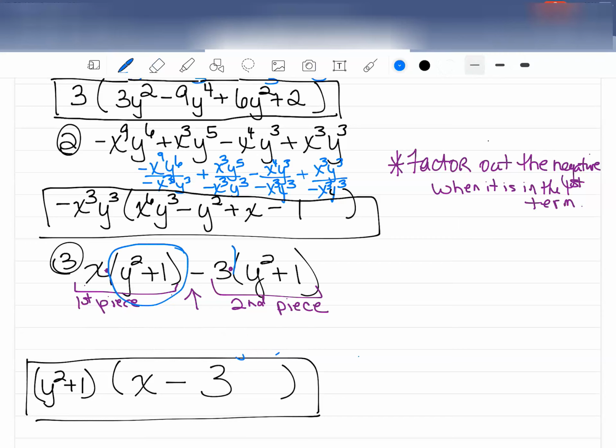Here's your common part. And that's what's being written here. You're not writing it twice. You're writing it once because it was in common. Whatever's in common gets written here once.